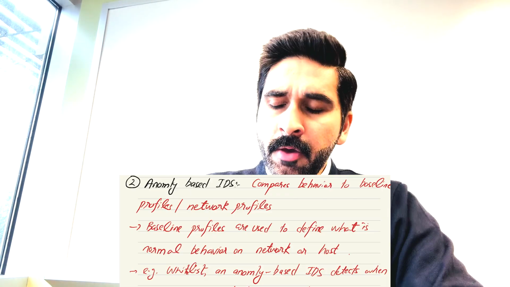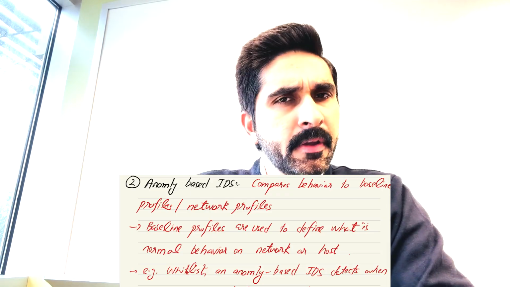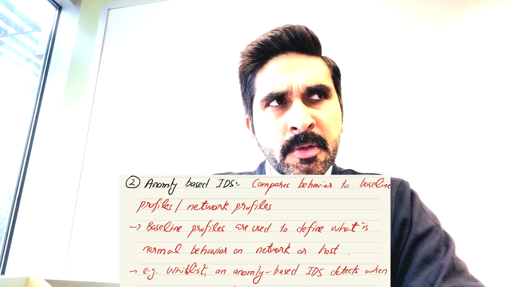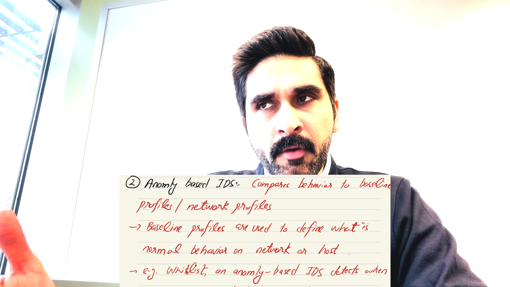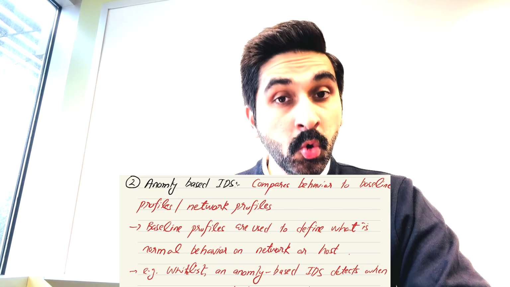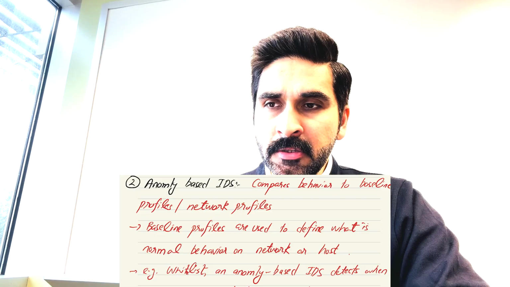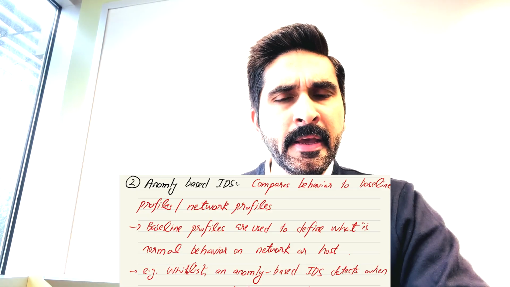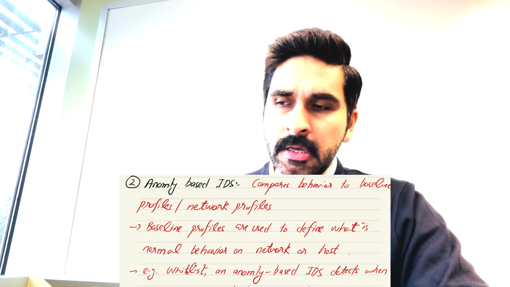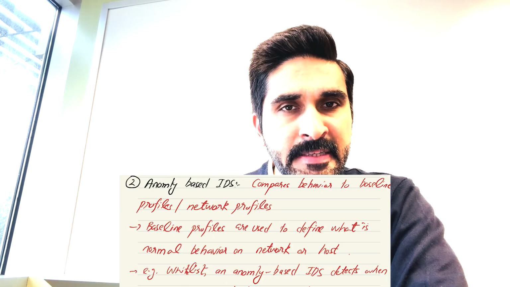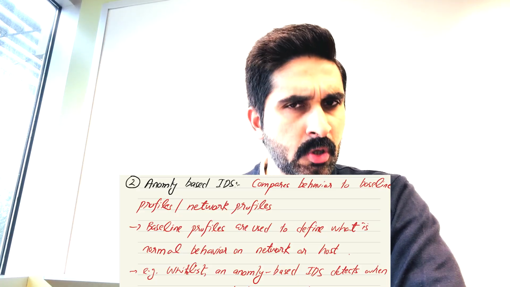Other than that, we have another intrusion detection system, anomaly based. In an anomaly-based intrusion detection system, it compares the traffic with the baseline. So basically, we compare the network behavior or the host behavior with the baseline profile or network profile. What is a baseline profile? It is typically used to define what is acceptable on the network and on the host.